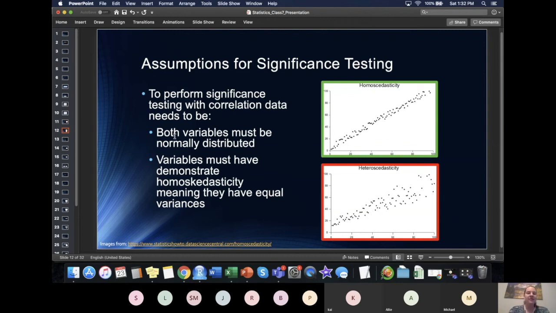Okay, so in that case, your variables must be normally distributed, which if you have questions about that, you can go back into prior videos. The other thing that is really important, and we'll see this with linear modeling, it's very important there too: your variables must demonstrate homoscedasticity, and that means that they have equal variances.